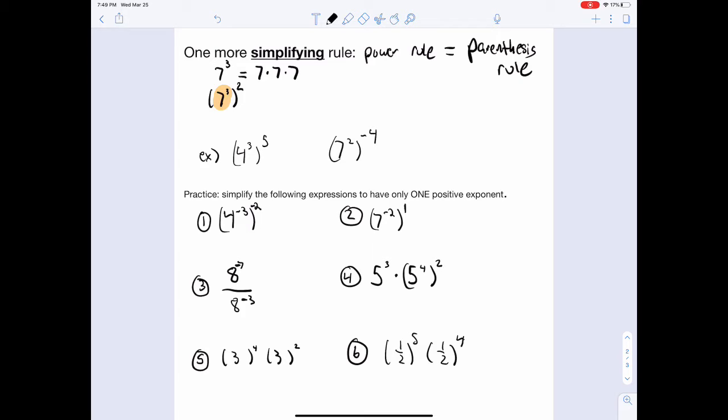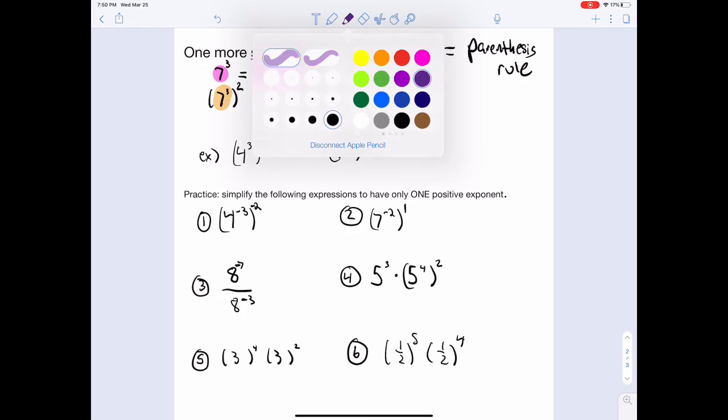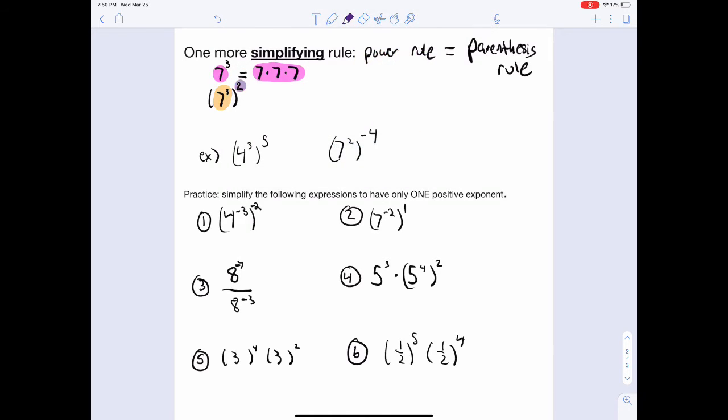This is kind of a little tricky, but whatever's to the exponent, we do that 2 times. So we're going to have 7 to the 3rd power times 7 to the 3rd power.